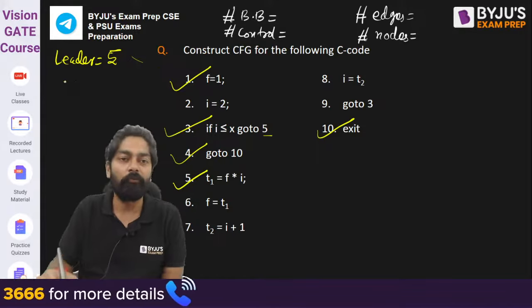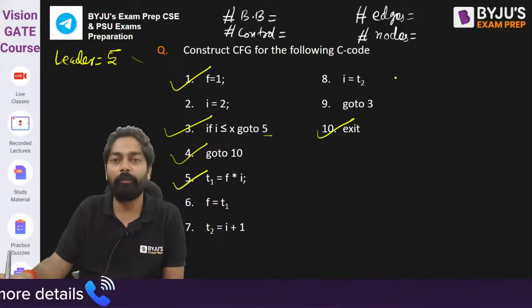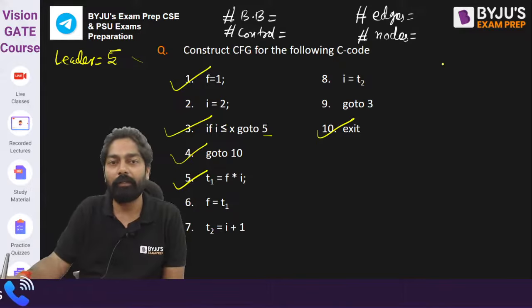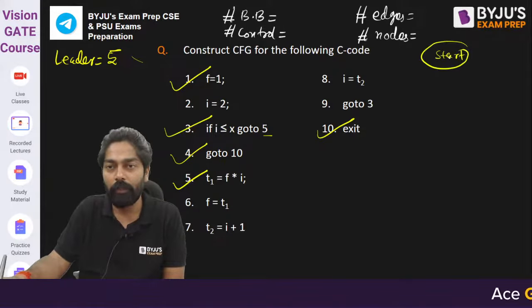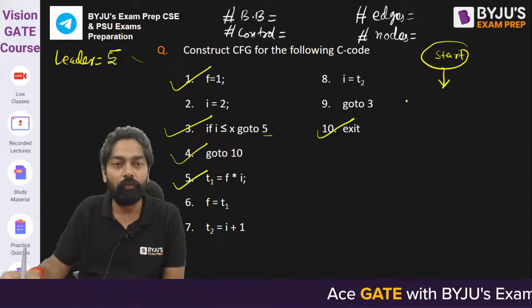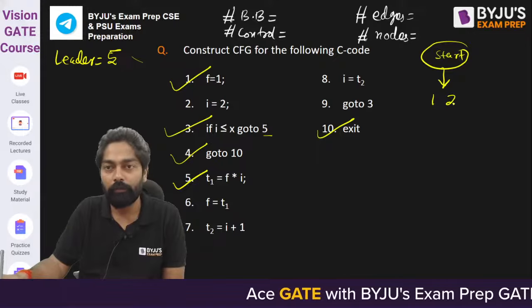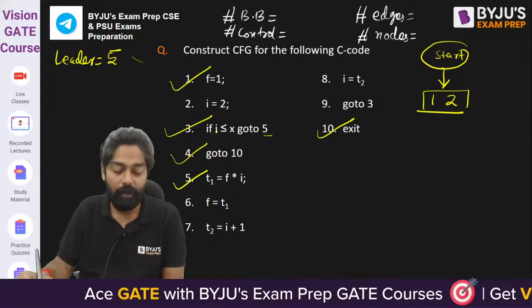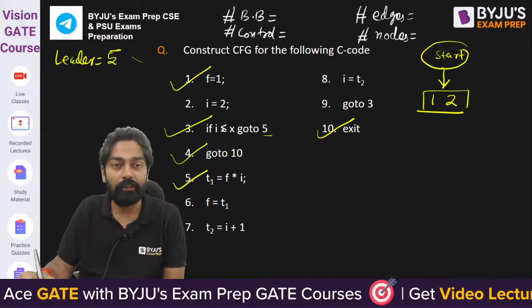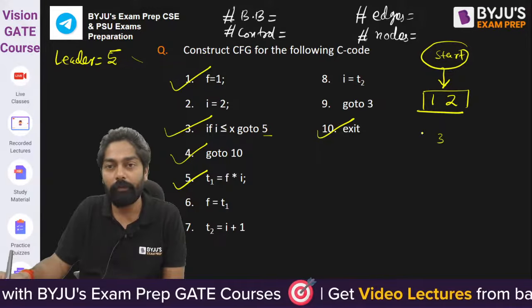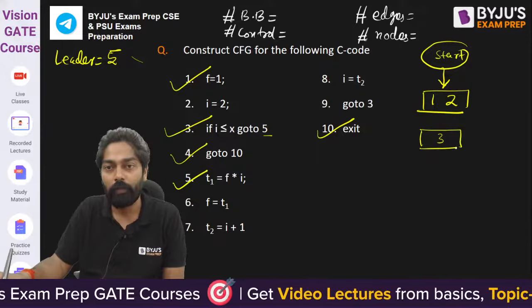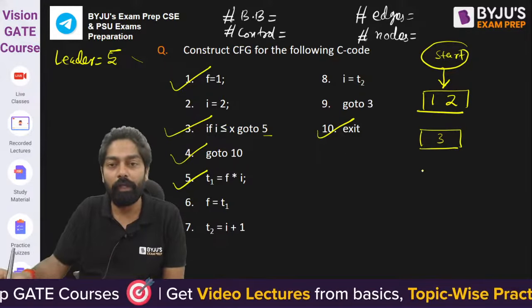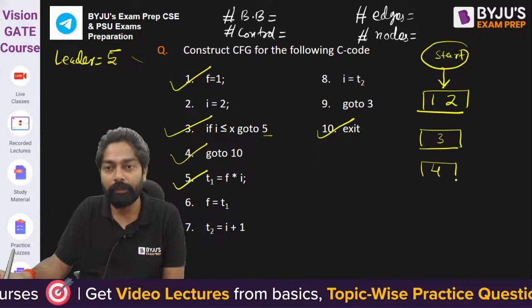Now just draw the basic blocks. Let me write here: we have start first. Then 1 to 2 in one basic block. 3 in one basic block. 4 in one basic block.